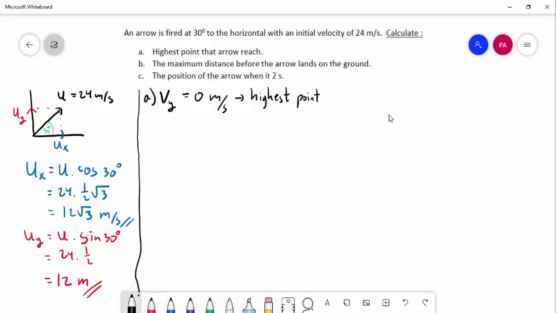We already know that g equals 10 meters per second square, so we just need to use the formula. Because we have the y velocity, initial velocity and g, we can use this formula.